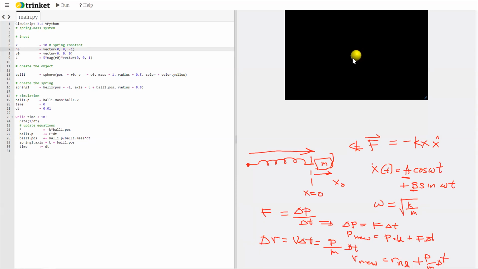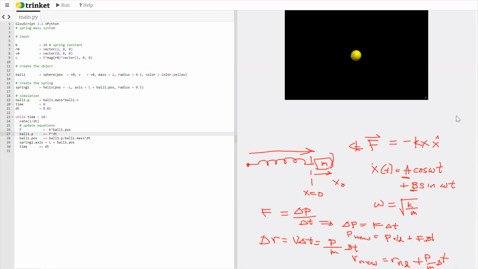So z is out of the page. So we go back to the original given condition along x: 1, 0, 0.